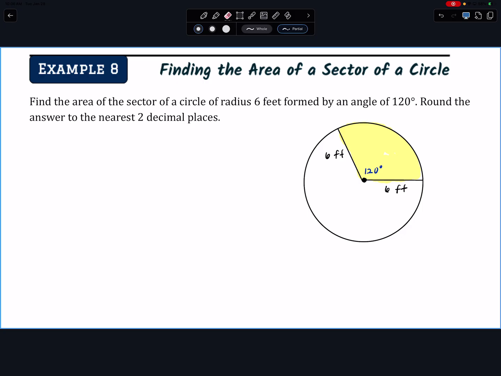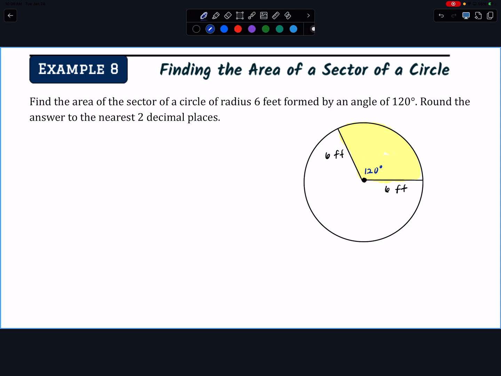Something should jump out at you from this problem. What does our definition say we have to have in order to use this formula? The angle needs to be measured in radians. Is it in radians right now? No. But don't we have a formula to convert it? We do. So the first thing you have to do, which is kind of annoying, is change this to radians first.